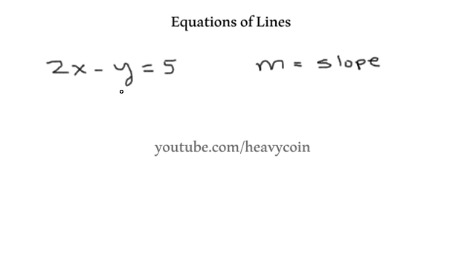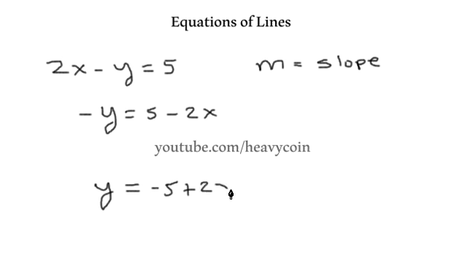Well, one way to do this is we can always solve for y in this problem. I'm going to take this 2x over to the other side. It becomes negative 2x, multiplied through by negative 1. So we have y is equal to negative 5, then plus 2x.